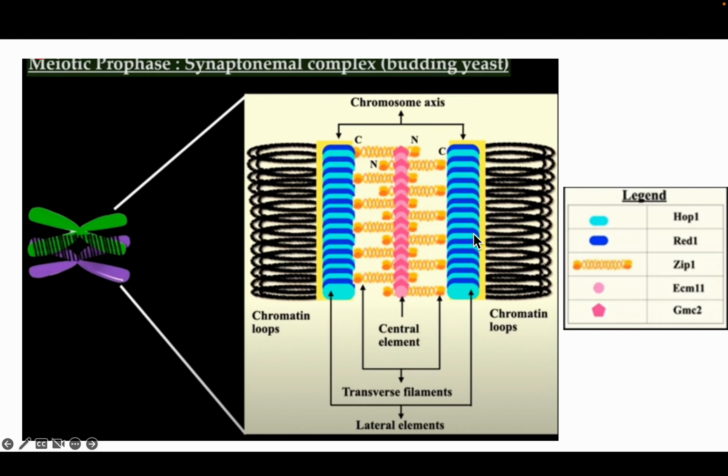The lateral element consists mainly of HOP1 and RED1 proteins. The central element consists of GMC2 proteins, and the transverse element consists of ZIP1 protein. These are all for yeast, but you have to understand that these proteins are very much evolutionarily conserved between multiple organisms. Different homologs are present from yeast to mammals, and the functions are also similar.